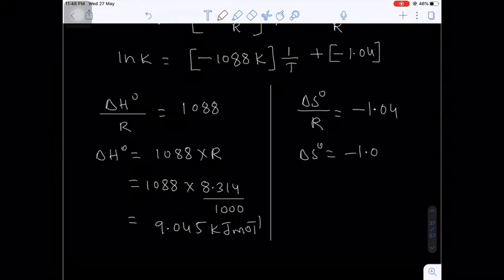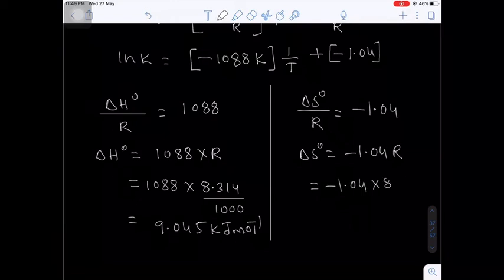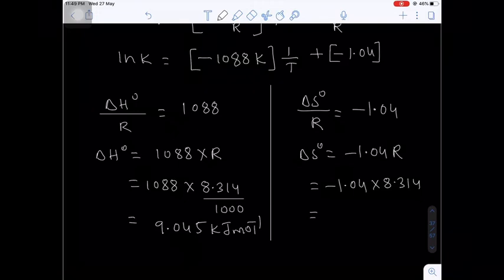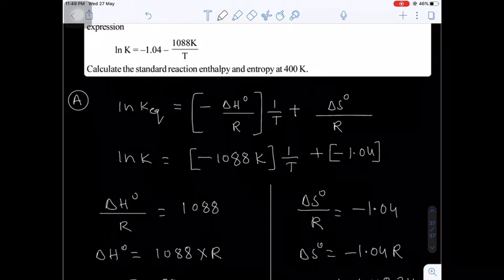Now here delta S naught is equal to minus 1.04 into capital R, that is minus 1.04 into 8.314. I am writing in joule, so approximately minus 8.64 joule mole inverse Kelvin inverse.